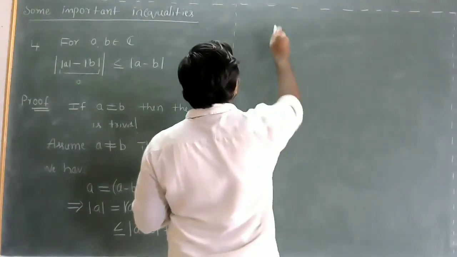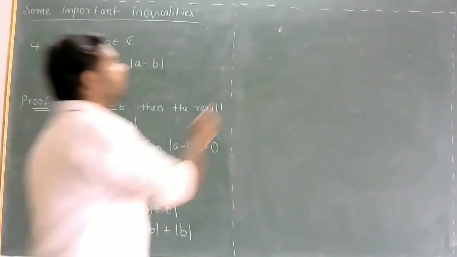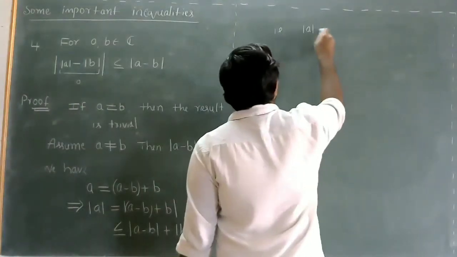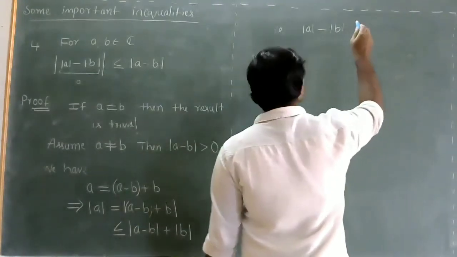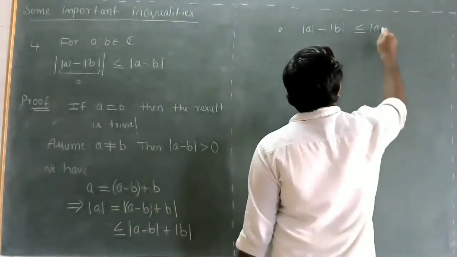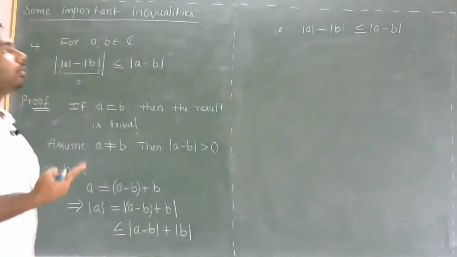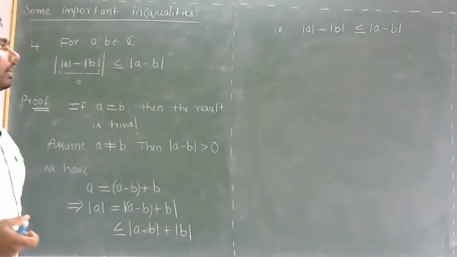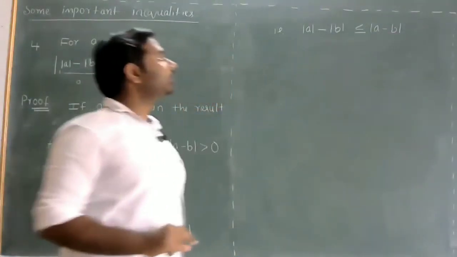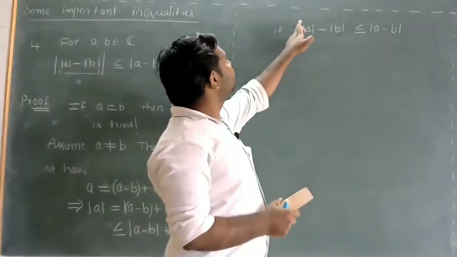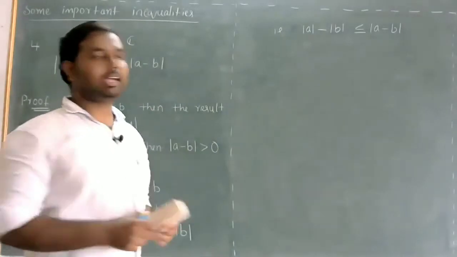So take this quantity to the left side, modulus of a minus modulus of b is less than or equal to modulus of a minus b. We proved one inequality. Now we have to prove this is greater than or equal to minus of modulus of a minus b.